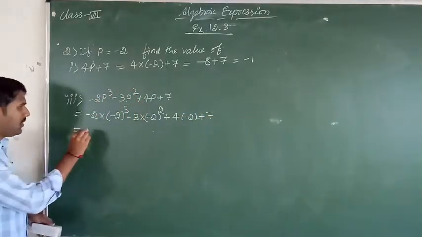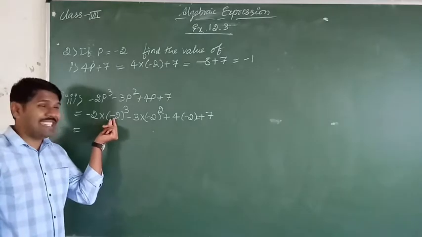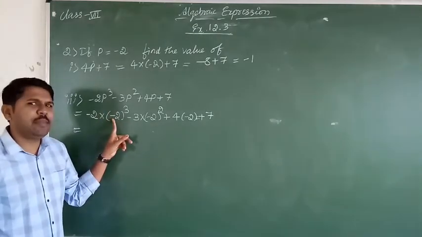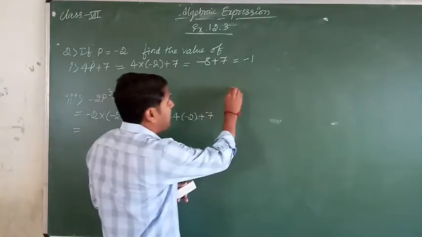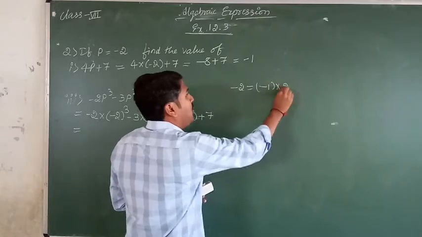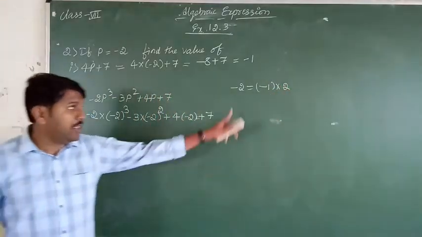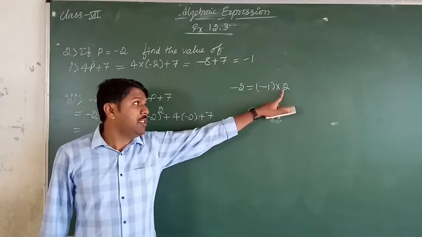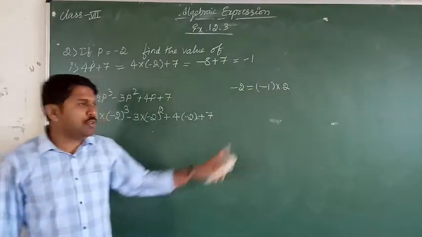Okay. So first, the minus sign is there. I already told you that it is minus 1, so you can write minus 2 as minus 1 into 2. Isn't it? 2 ones are 2, minus into plus is minus. So we will get minus 2.